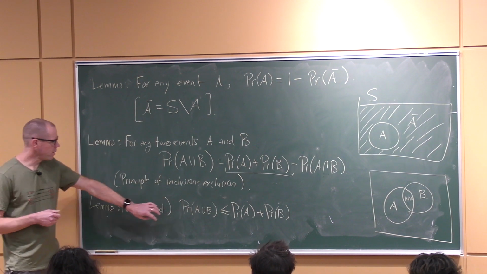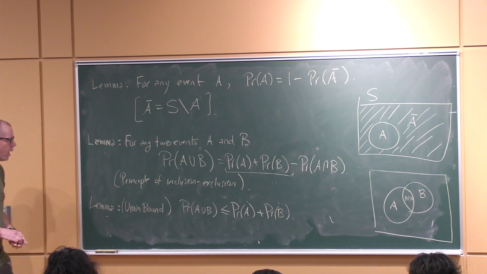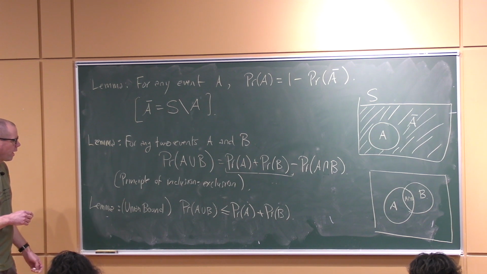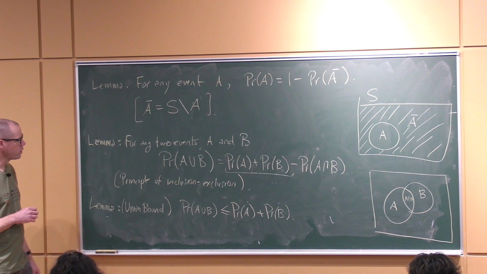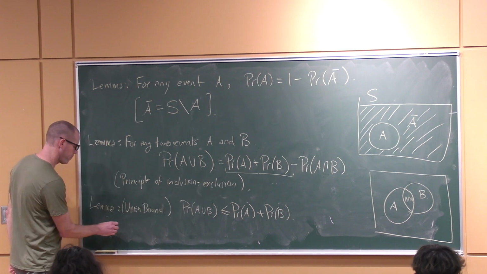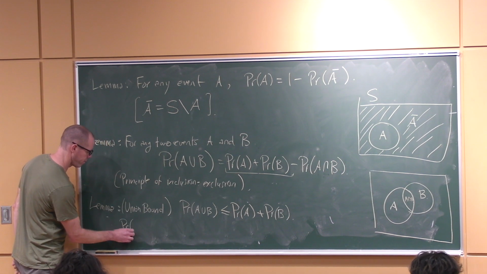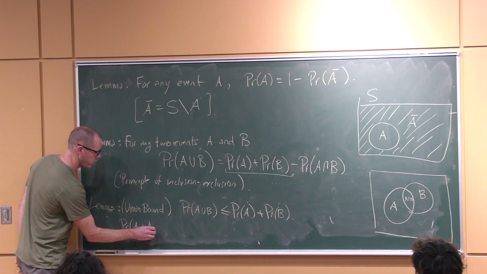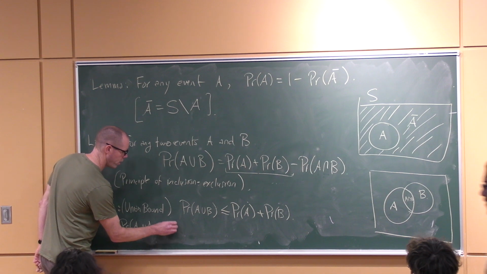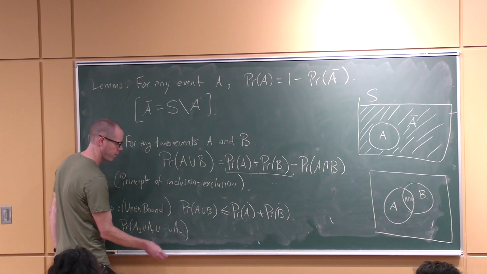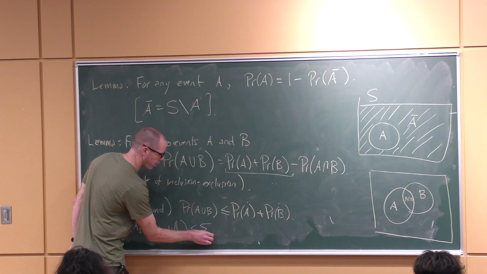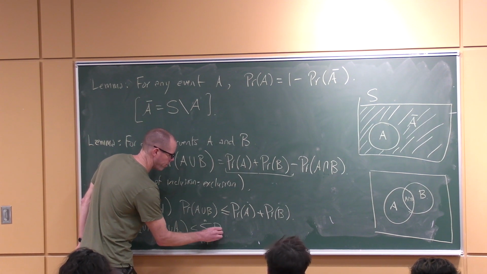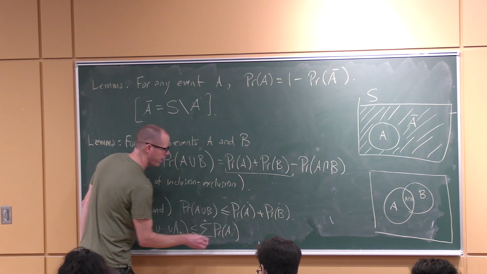So that's the union bound. It comes immediately from the principle of inclusion-exclusion, and it has a generalization to when you have many sets, which is that the probability of A1 union A2 union and so on union AN is less than or equal to the sum, i equals 1 to n, of the probability of Ai.